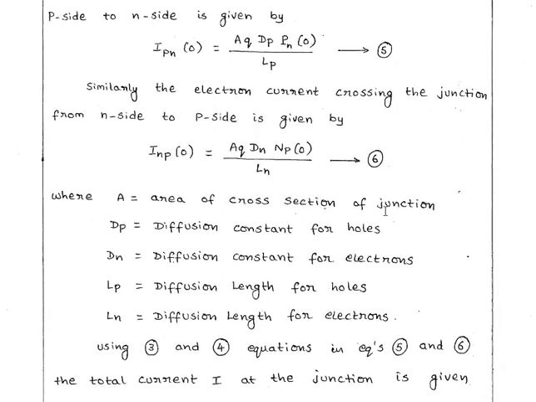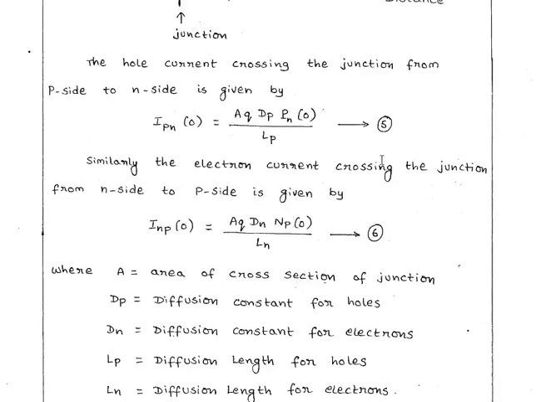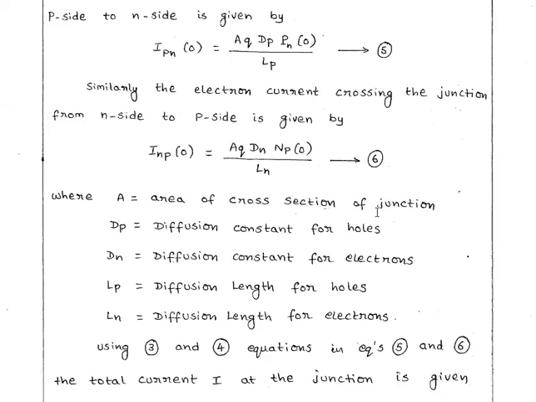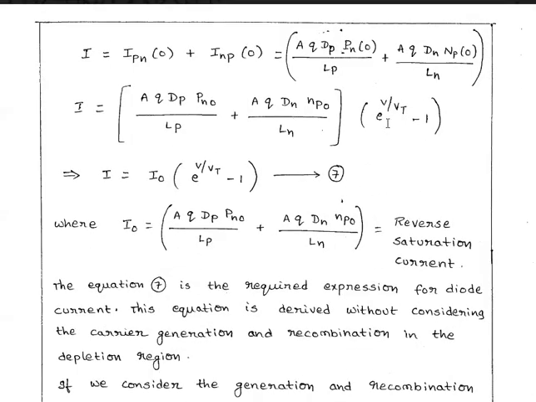So if we sum the above two equations, then we are going to get this, like this, multiplied with e power V by Vt minus 1.